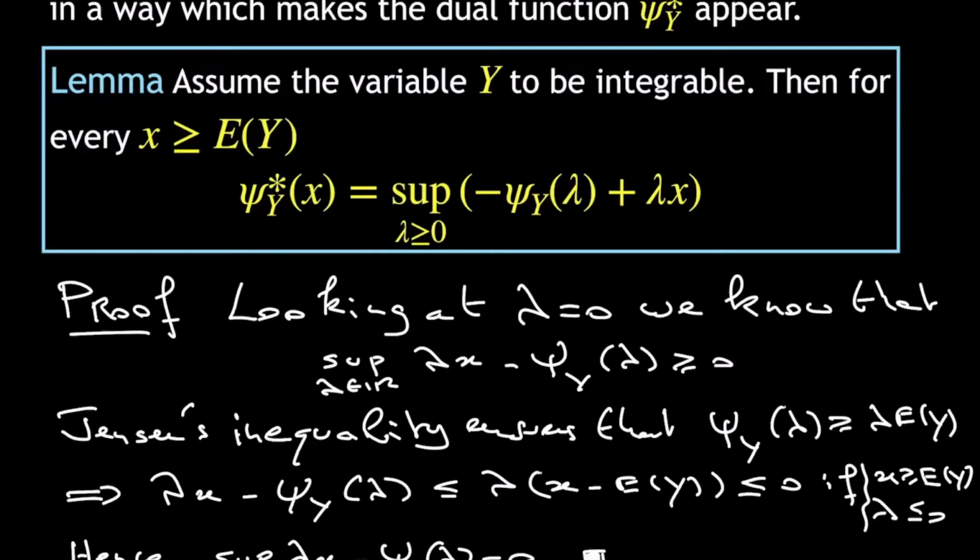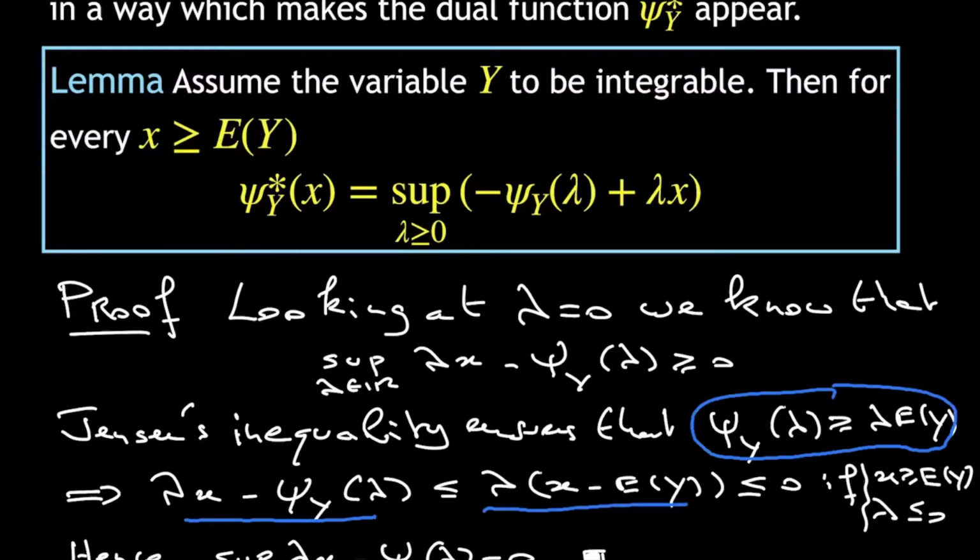Jensen's inequality ensures first that psi_Y of lambda is always greater than lambda times the expectation of Y. And this means that lambda x minus psi_Y is always smaller than lambda times x minus the expectation. x minus the expectation is non-negative because x is larger than the expectation.